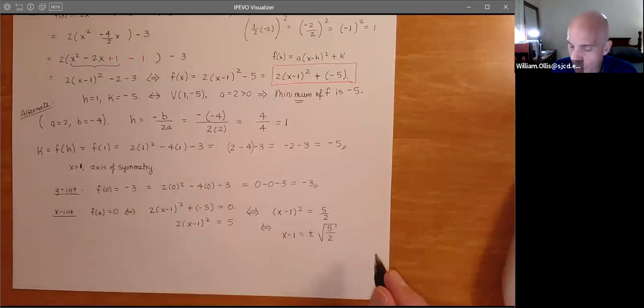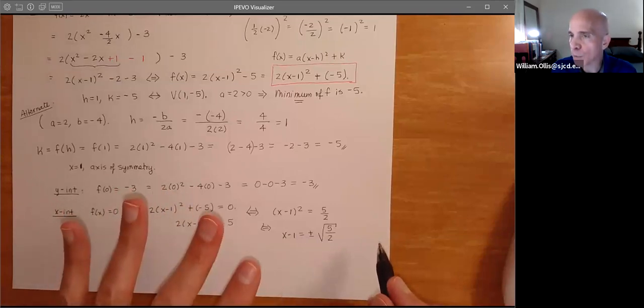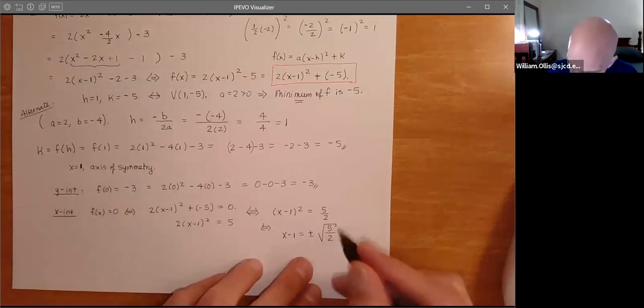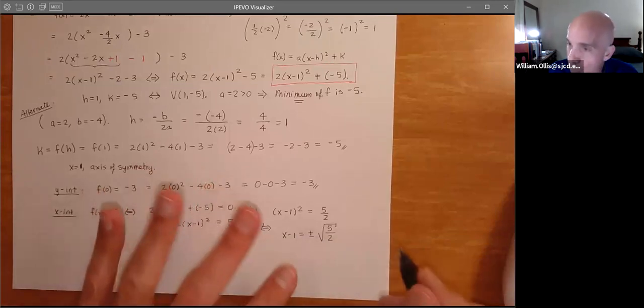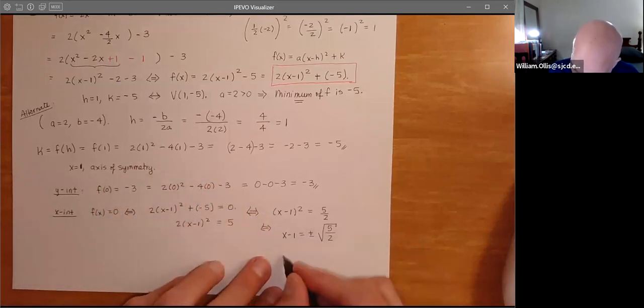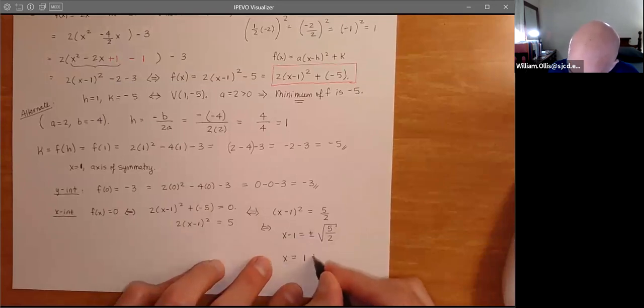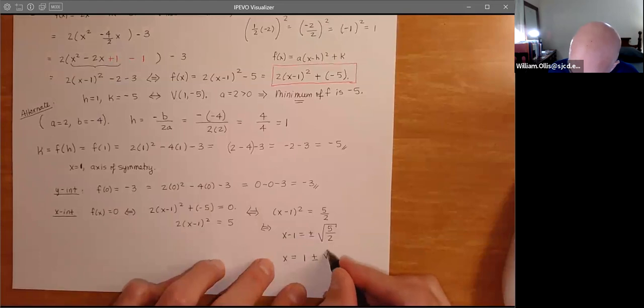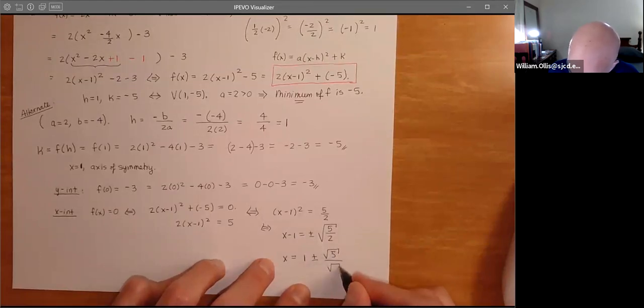Now again, when we look at this, it's your choice, we can leave it this way or we can try to clean it up a little bit. We'll just finish off the problem and then we'll clean it up. So x will be 1 plus or minus the square root of 5 over the square root of 2.